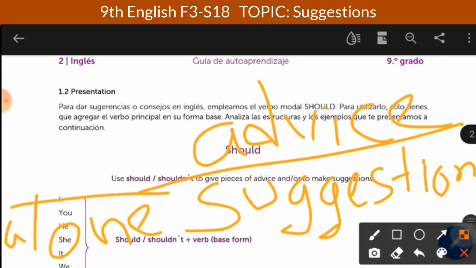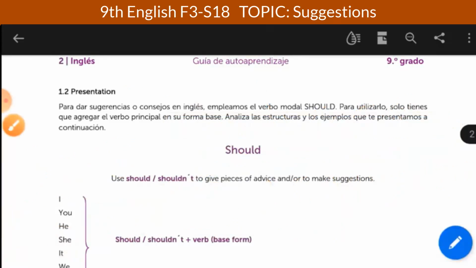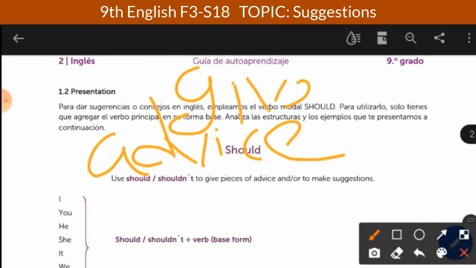Pero cuando digas advice, no le puedes decir una sugerencia. No, that's incorrect. En inglés, esta palabra no toma número. Es decir, no se le puede decir 1, 2, 3 sugerencias. Sino que simplemente tienes que quitar el one y decir advice. ¿Ok? Advice. Give advice. Dar sugerencias. ¿Ok? Give advice.